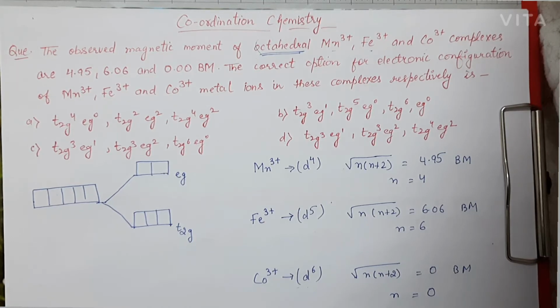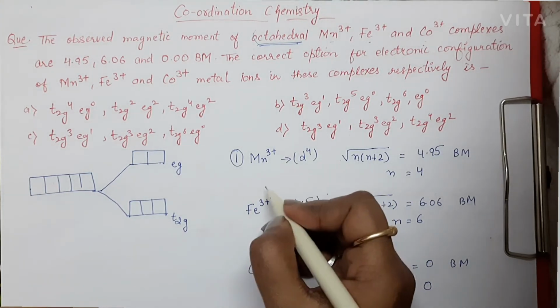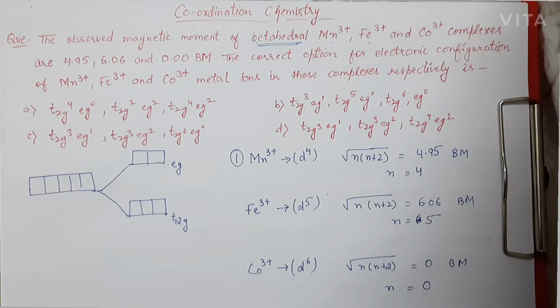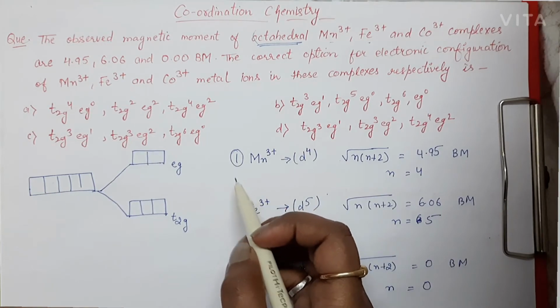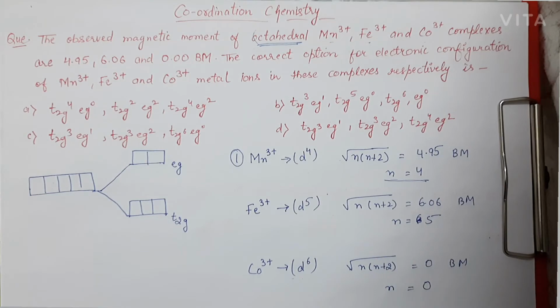Now we know the number of unpaired electrons, and now we have to find out the electronic configurations. So now it is very easy. Before that, for Fe3+ here you are getting n value approximately equal to 5. So this is a little correction. Now if we discuss the first case, we have the number of unpaired electrons nearly equal to 4.